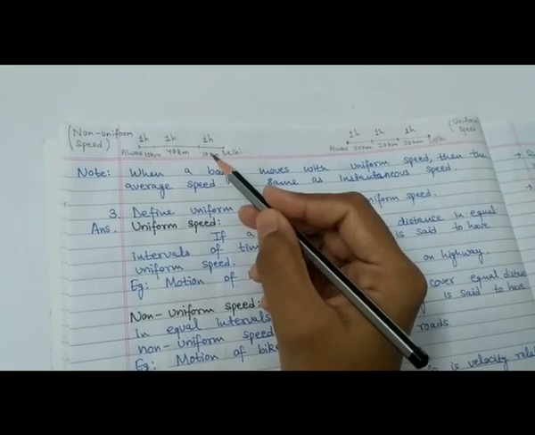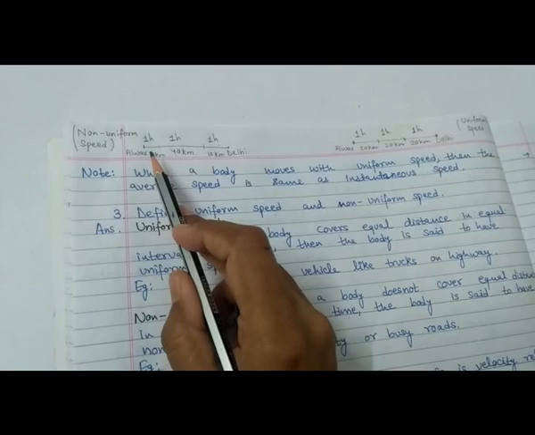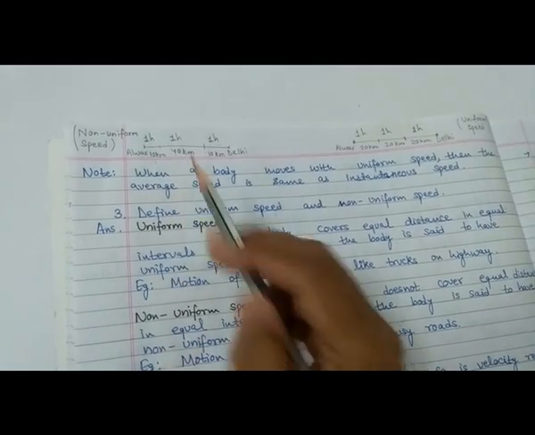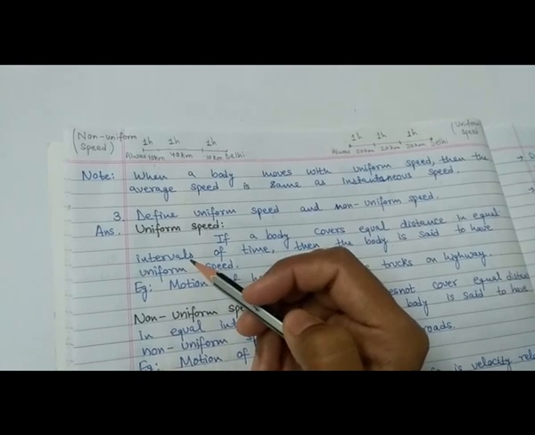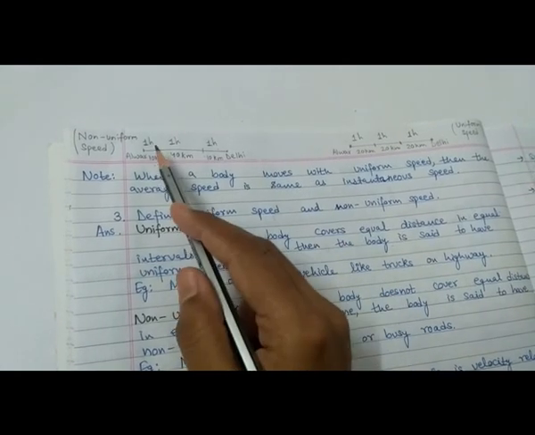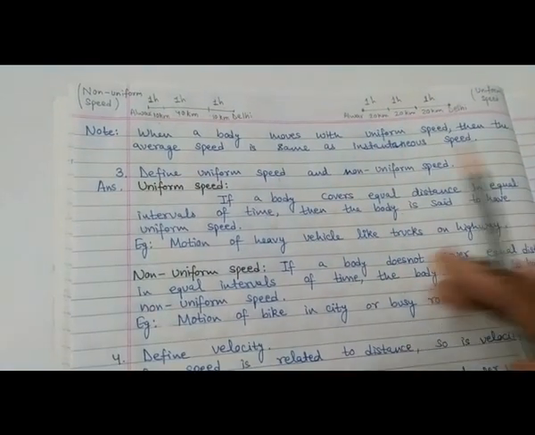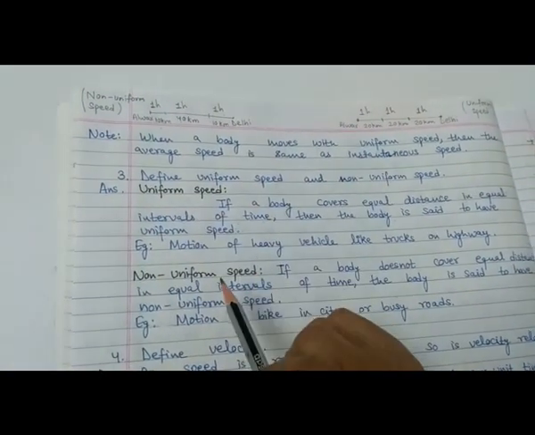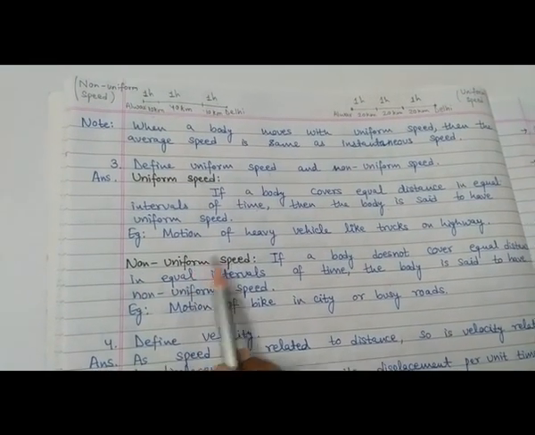In the third part, 10 kilometer per hour. That means in the entire journey, the speed keeps on changing and it is not maintaining uniformity. That means it is non-uniform speed.